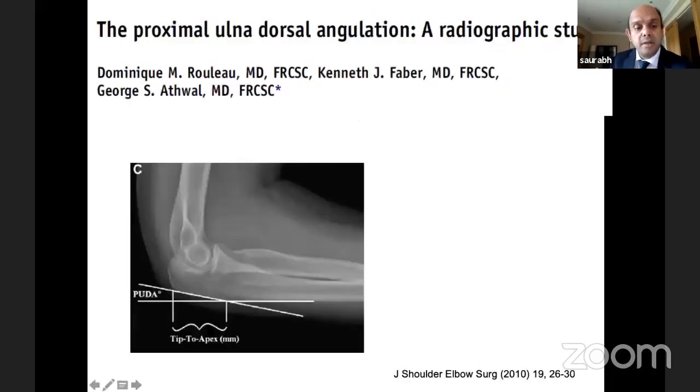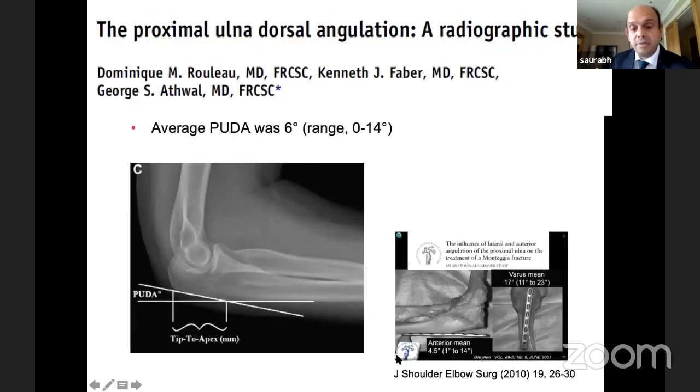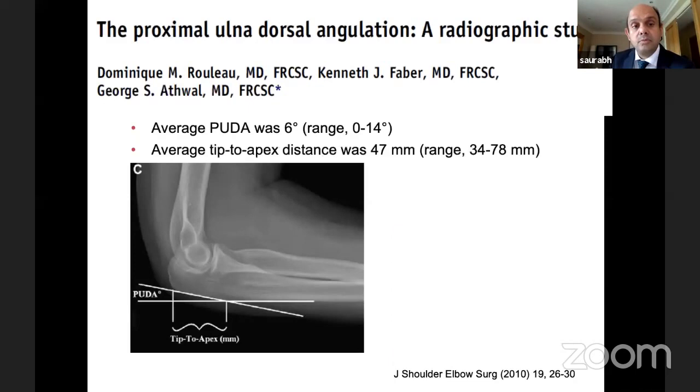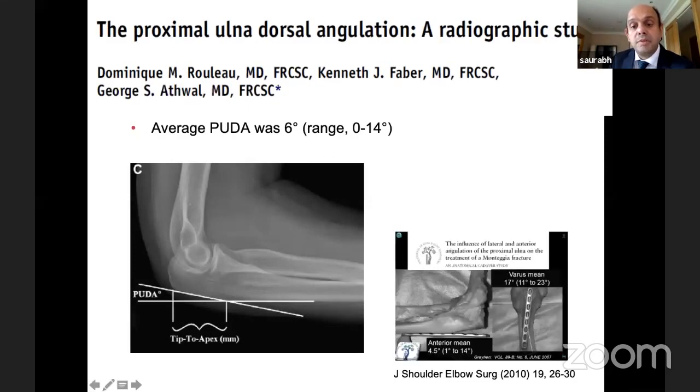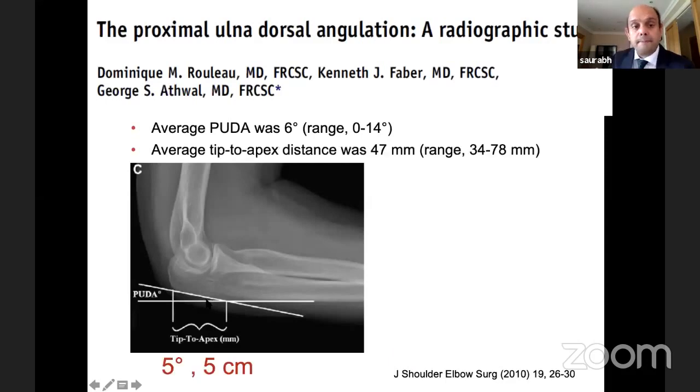So same thing here, PUDA, 5 degrees at 5 centimeters, easy to remember.